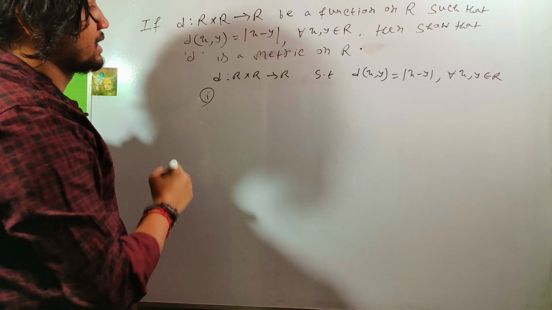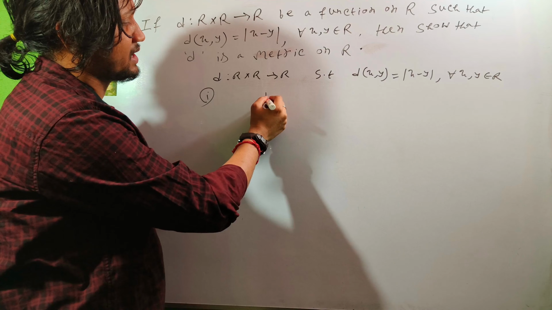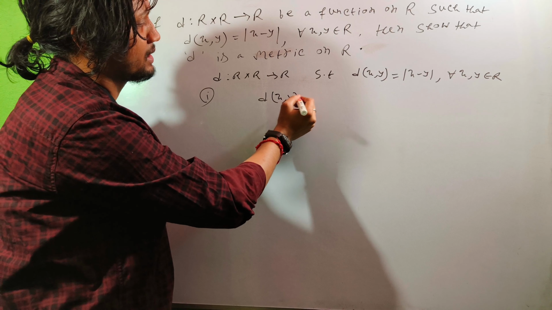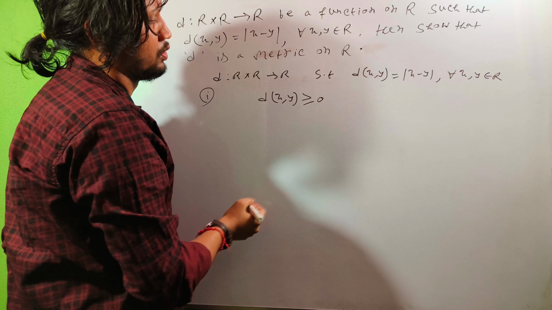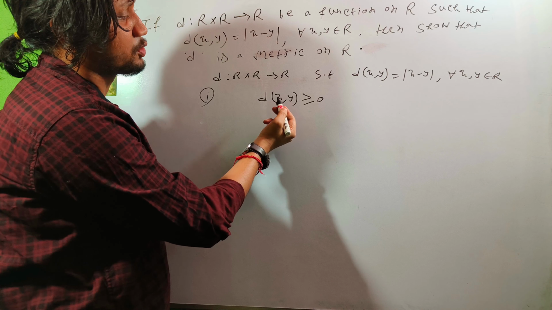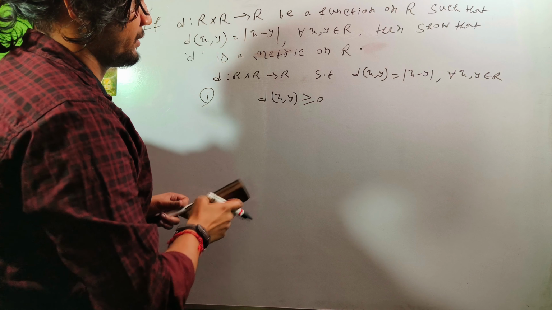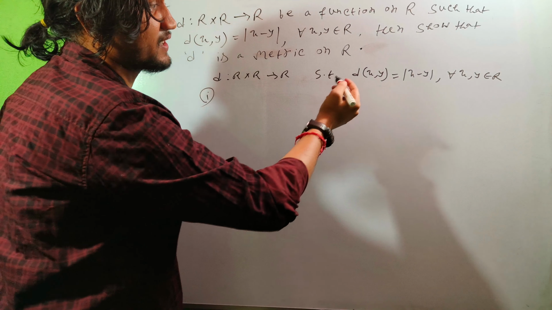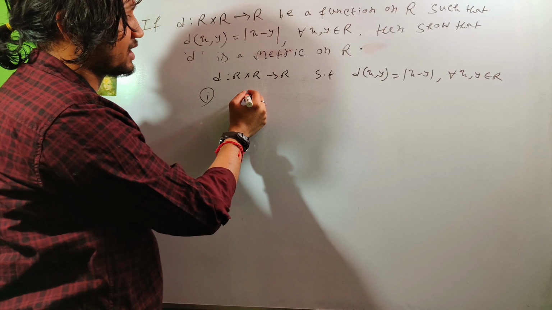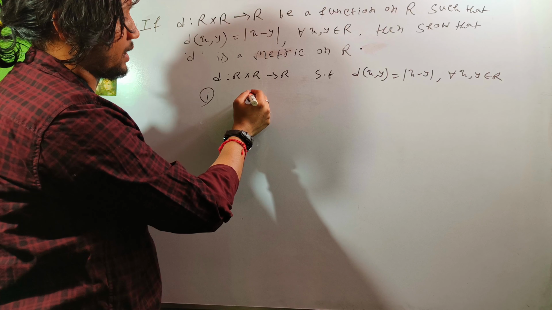The first property is D of x comma y is greater than or equal to 0 for all values of x comma y, which we need to show first to say D is a metric. From the definition of D, D of x comma y is equal to mod of x minus y.